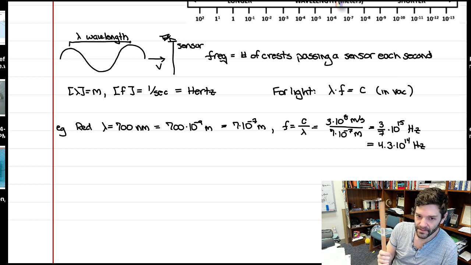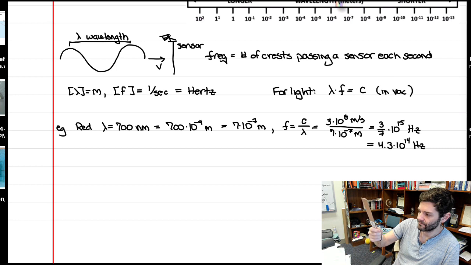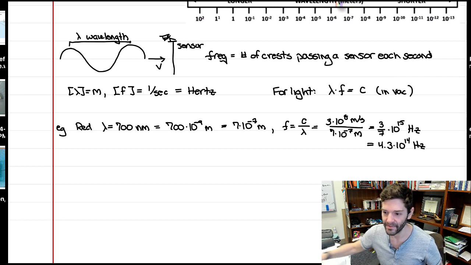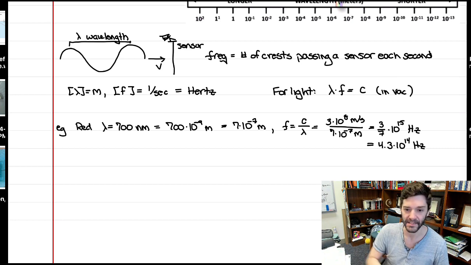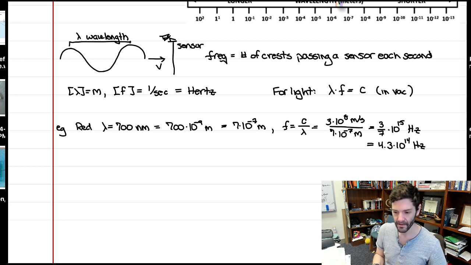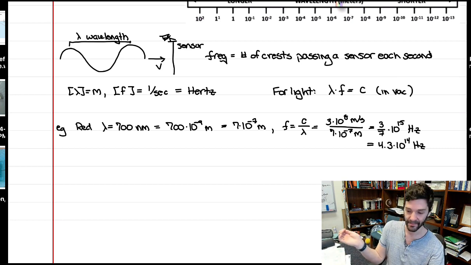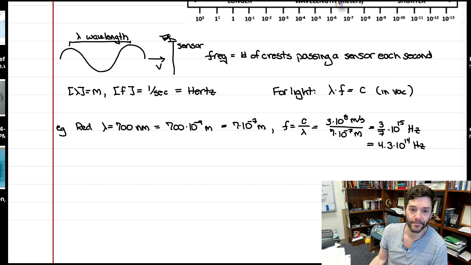If I had the strength or the elasticity to shake this magnet up and down 4.3 times 10 to the 14 times every second, I would actually see red light come out of that magnet. I would be creating electromagnetic radiation. I cannot shake it that fast, so I'm not going to try. But that would be the case.